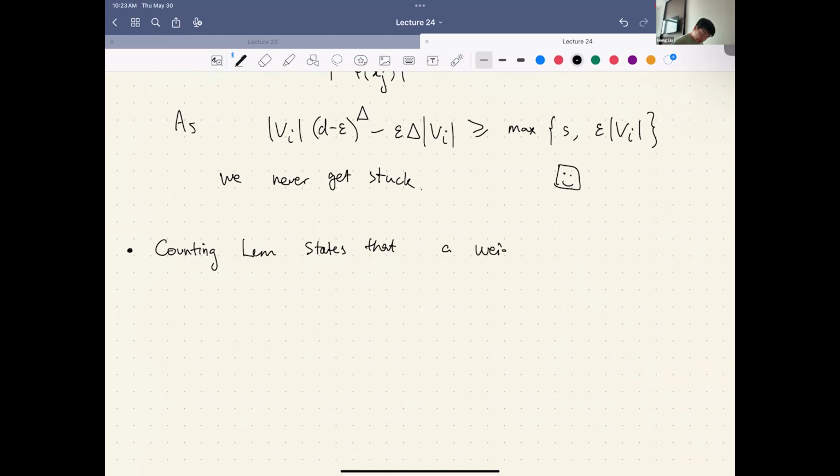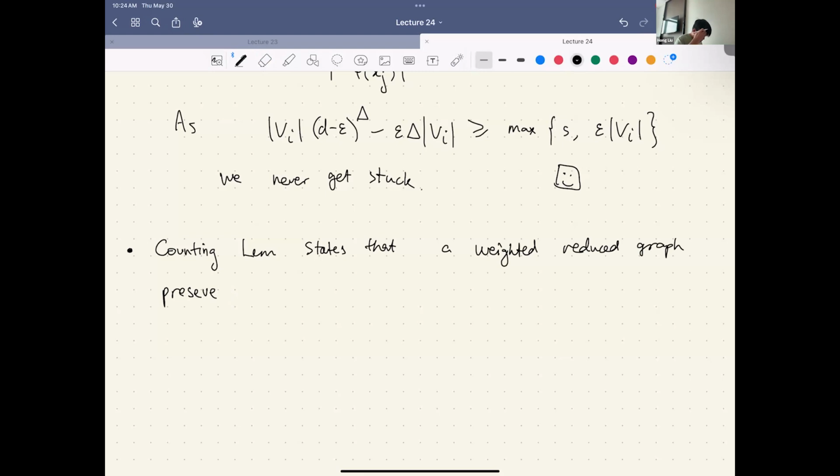a weighted reduced graph preserves, if I spell it wrong, S-E-R-V-E, I think, right?